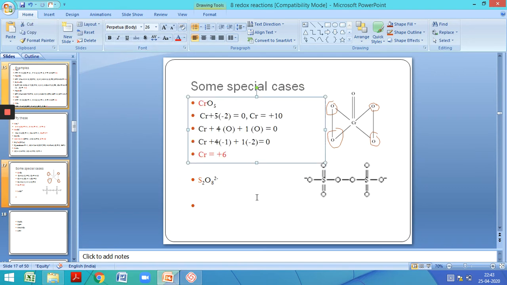Let's take another example of a similar type where there is a peroxide bond, a peroxide structure. So S2O8²⁻.